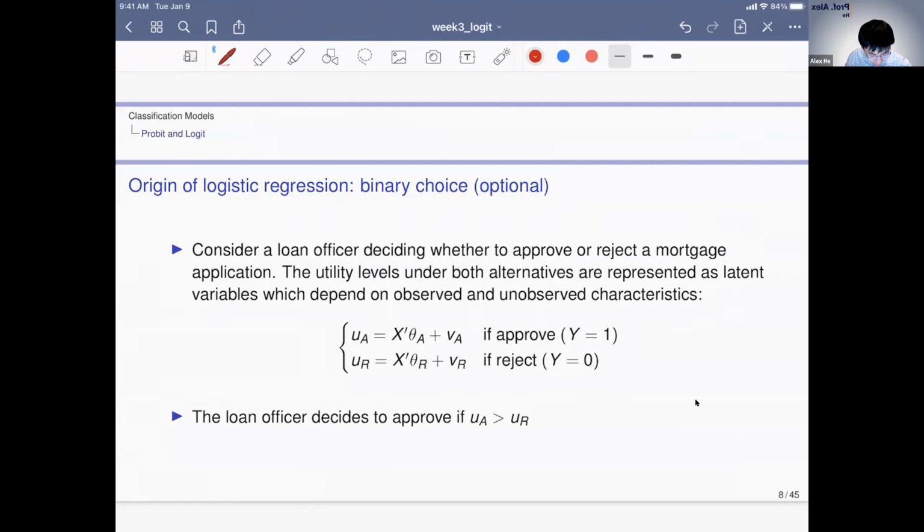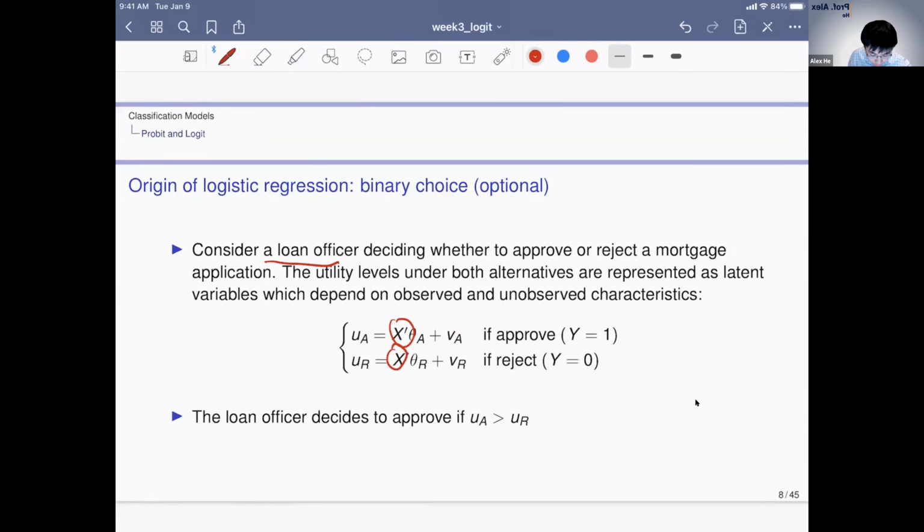So in this simple model, consider you're a loan officer and you're deciding whether to approve or reject. You get utilities from either approving the mortgage or rejecting the mortgage. The applicant has these characteristics x.